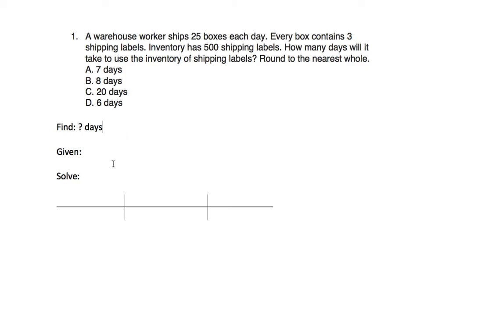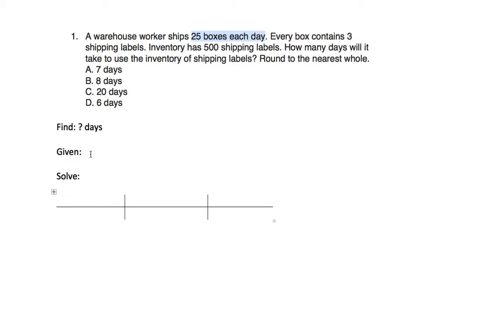Now for the given part, again, we're going to scan this looking for numbers, but recall that sometimes something that you need to use as a number isn't necessarily going to be written out as a number. For example, worker ships 25 boxes each day. Each day means how many days?